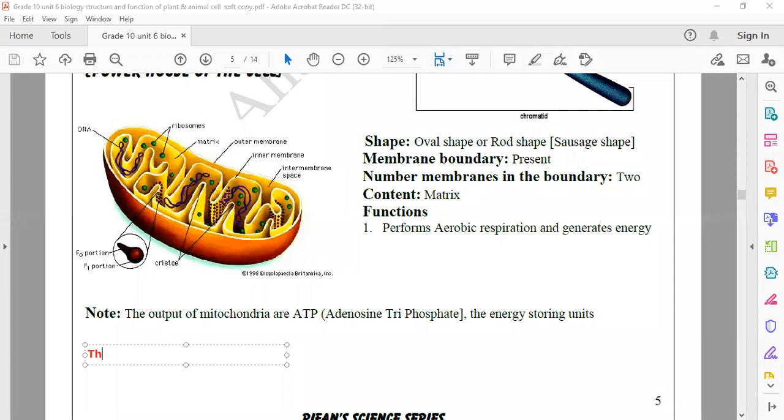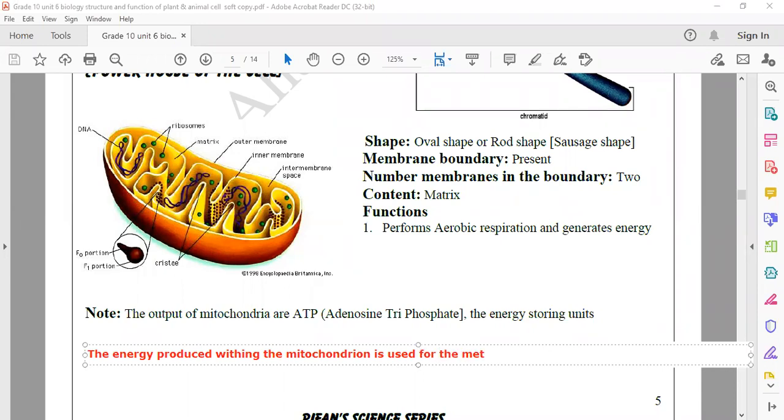The energy produced within the mitochondrion is used for the metabolic activities of the cell.